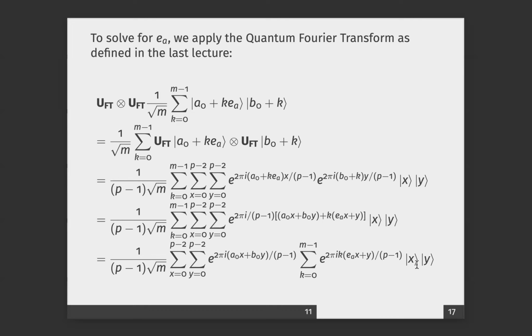So if you measure it, you don't just get any random x and y; there are some values of x and y that have a very high probability of occurring.